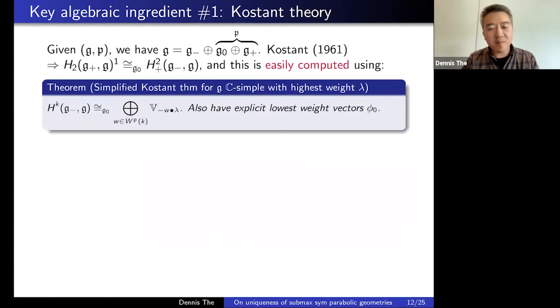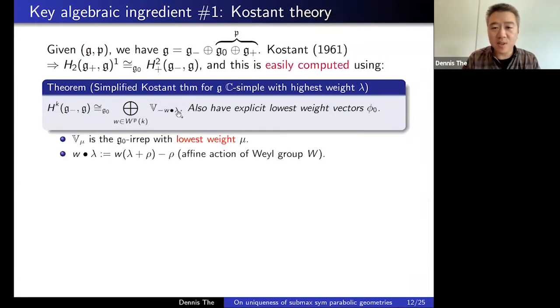Okay, I'm not going to drag you through all of this representation theory, but it's easily computable. So you have some parameterizing sets, and then you have some modules, and then by the theorem of highest weight or lowest weight, these are completely determined by their lowest weight. So I just need to describe these lowest weights. And that's what Kostant does for you. But also we have explicit lowest weight vectors. Okay, this dot is the affine action of the Weyl group.